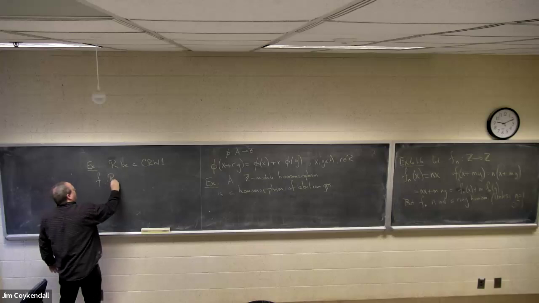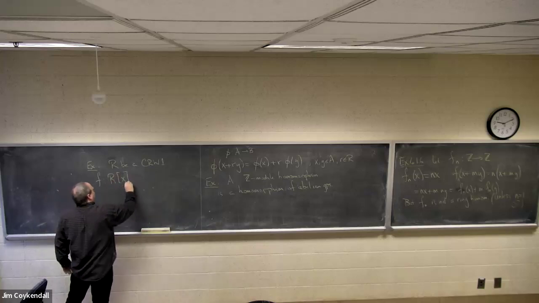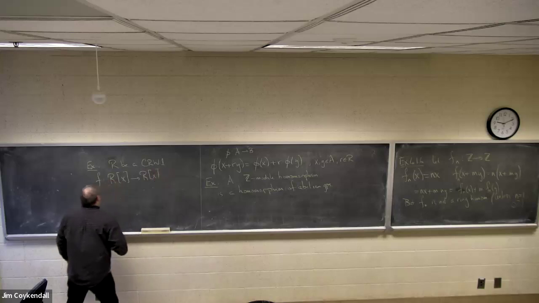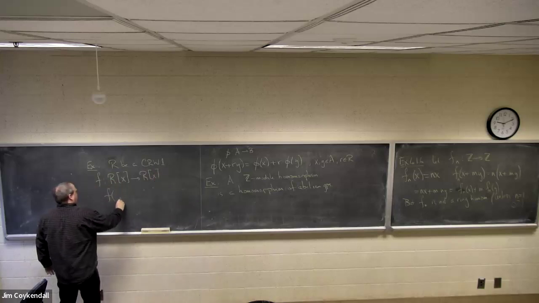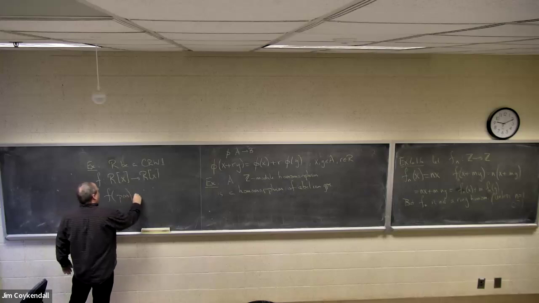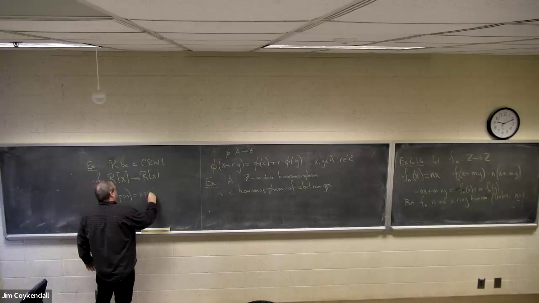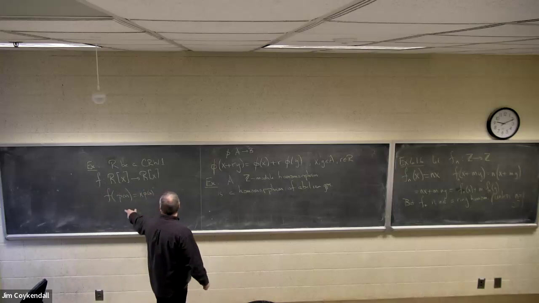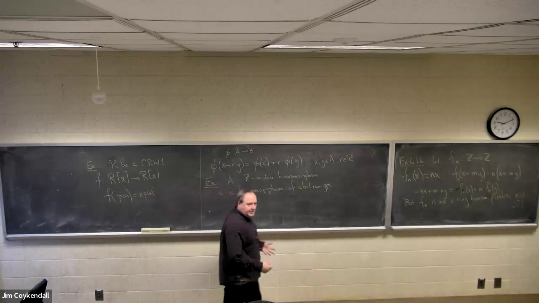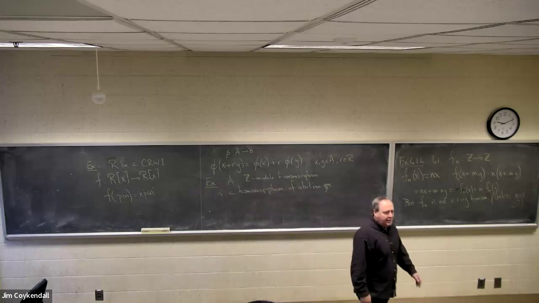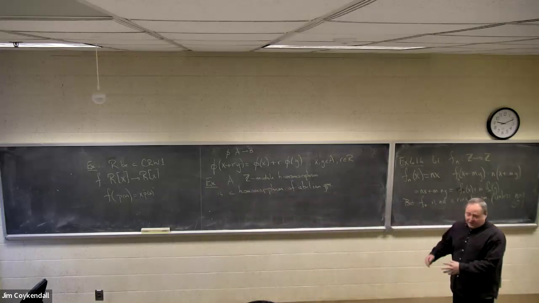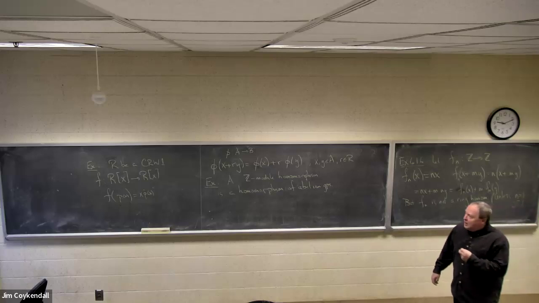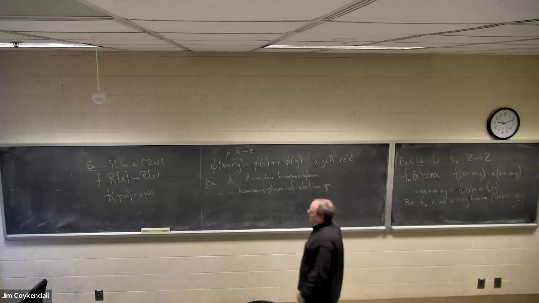Define f from R[x] to R[x] via f of the polynomial p(x) is x cubed times p(x). So basically what you do is you take your input and just multiply it by the polynomial x cubed. There's nothing special about x cubed. I could have picked any number of other polynomials. This is an R module homomorphism, but not a ring homomorphism.